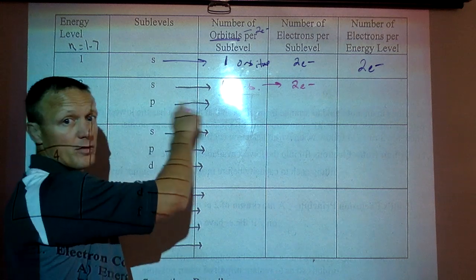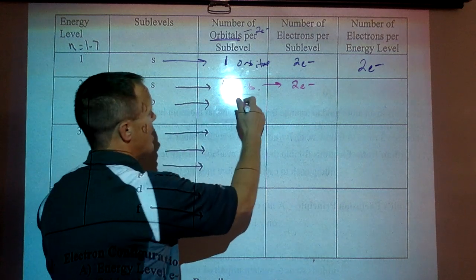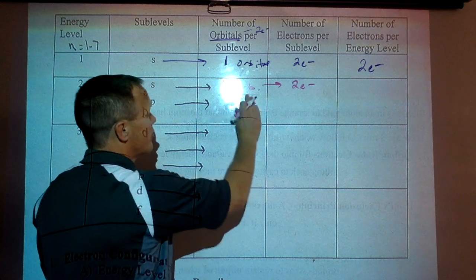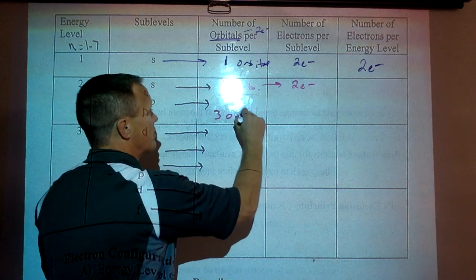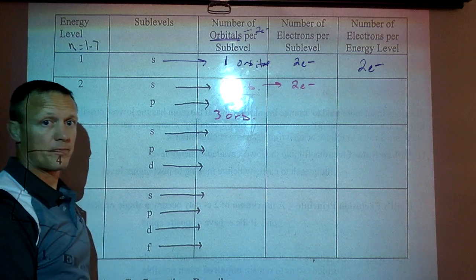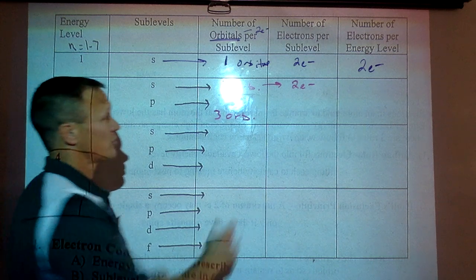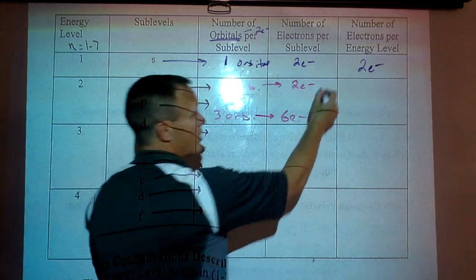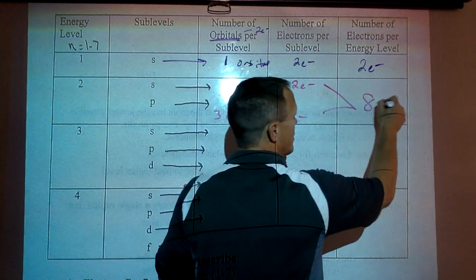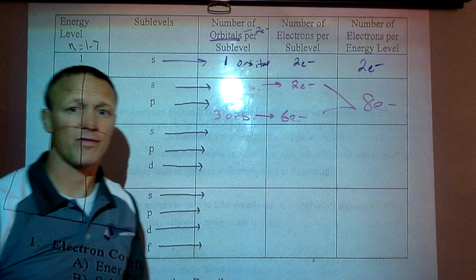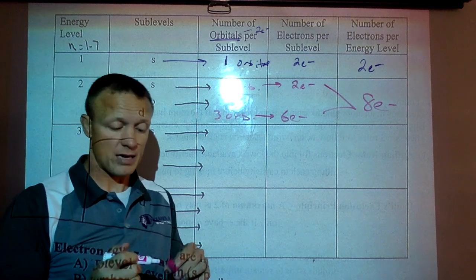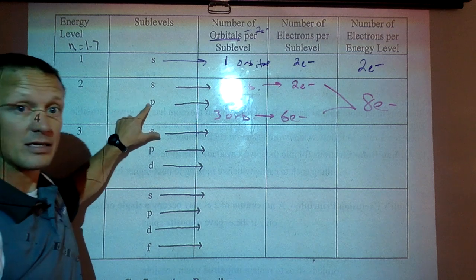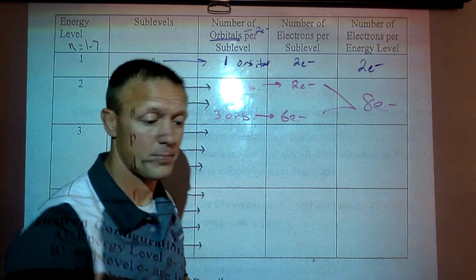The P sublevel has 3 orbitals, and each orbital holds 2 electrons. That's a total of 6 electrons. So the whole second energy level holds a maximum of 8 electrons. It could be less than that, but it has 8 maximum. 2 are in the S sublevel, and 6 are in the P sublevel.